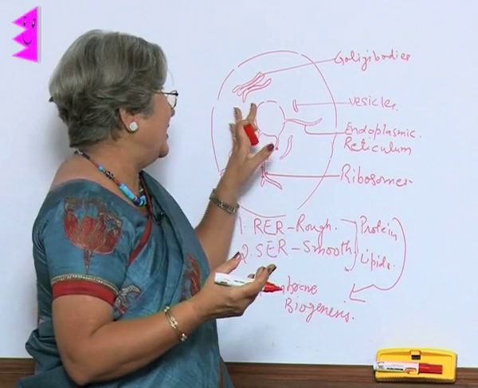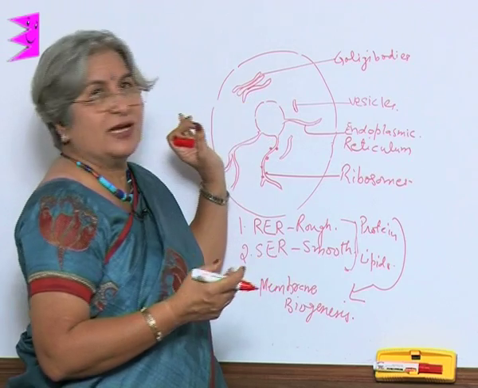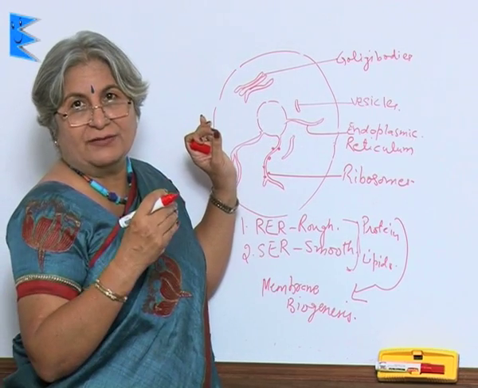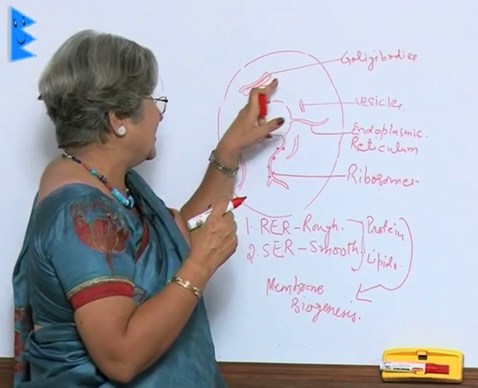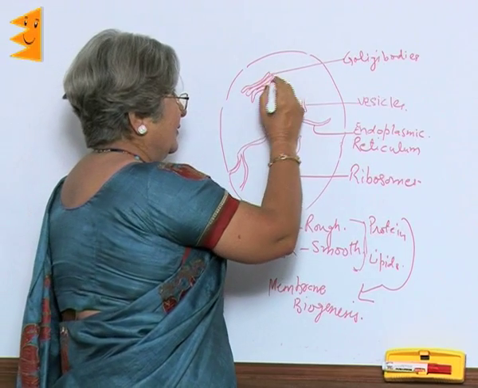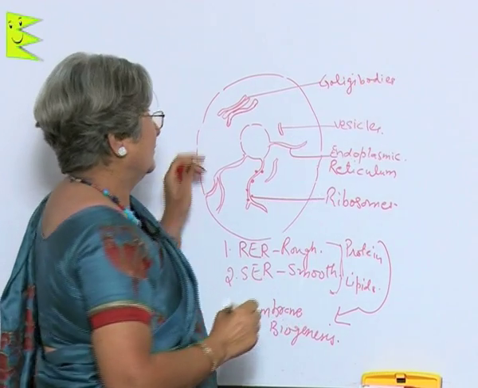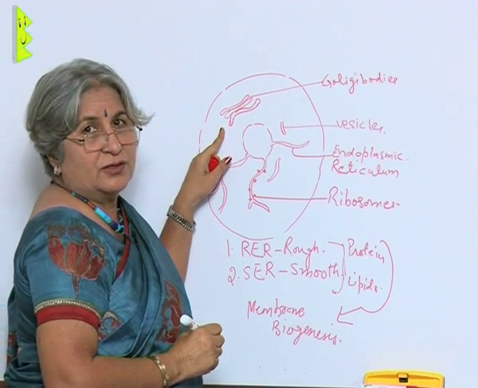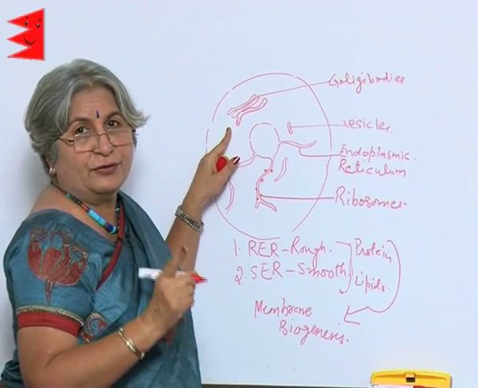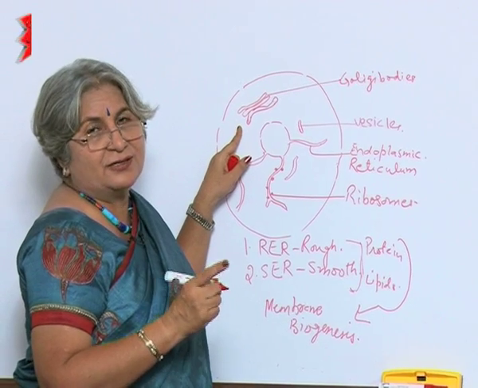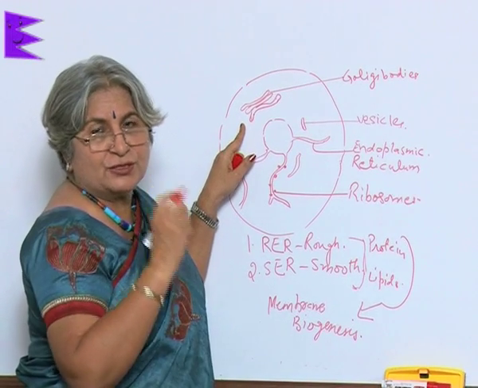Stacked. So, these tube like structures are stacked one above the other, and see their ends, they are slightly swollen. So, Golgi bodies are made up of tube like structures stacked together with their tips swollen.